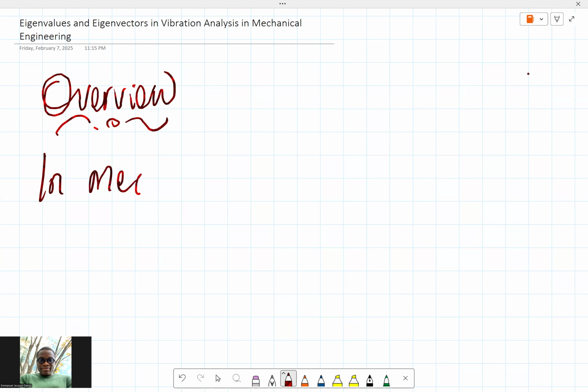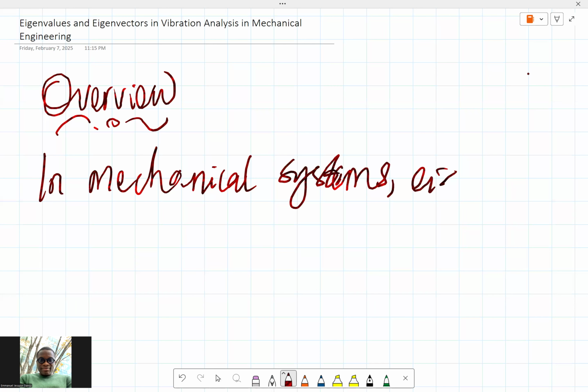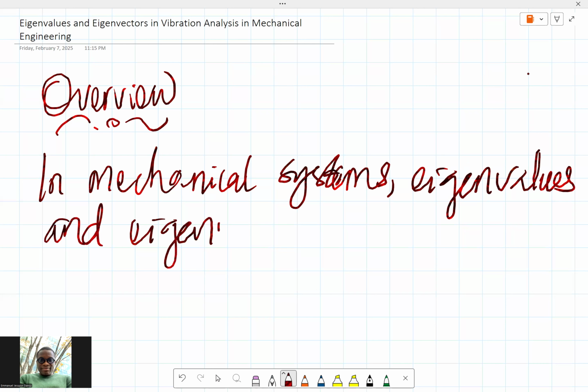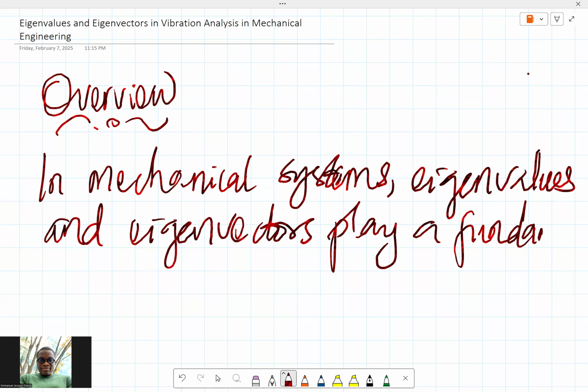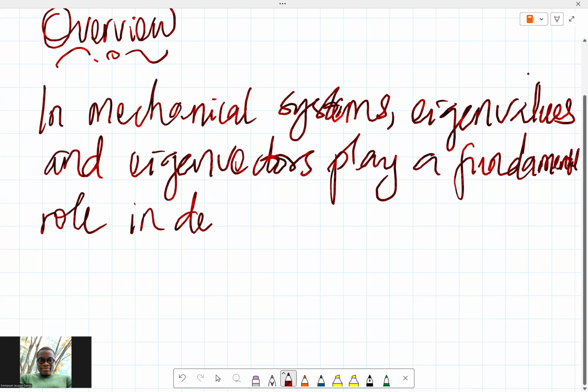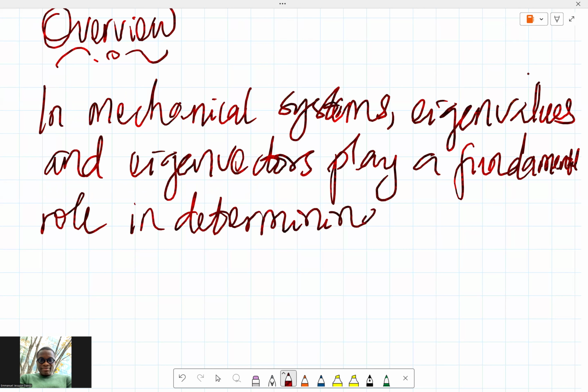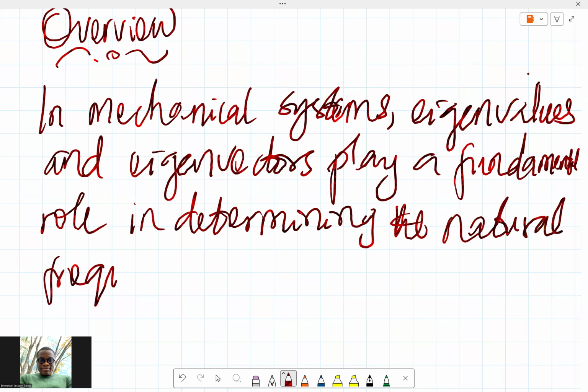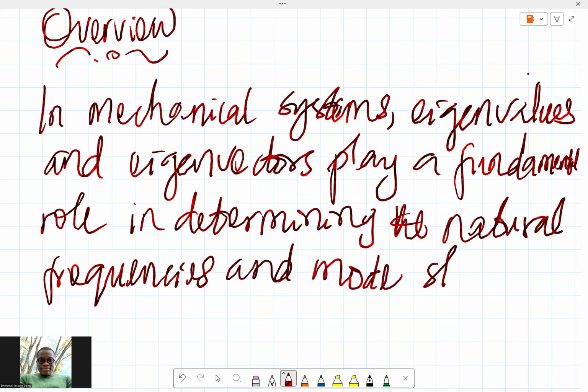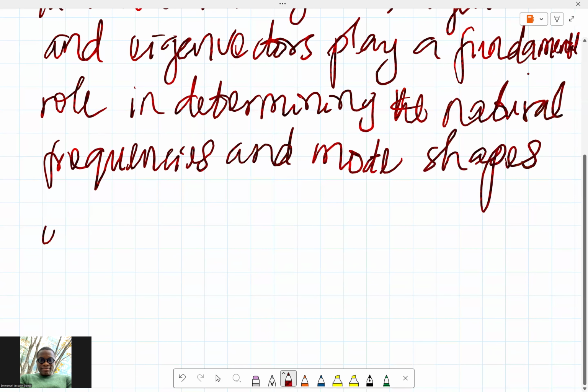In mechanical systems, eigenvalues and eigenvectors play a fundamental role in determining the natural frequencies and mode shapes of vibration.